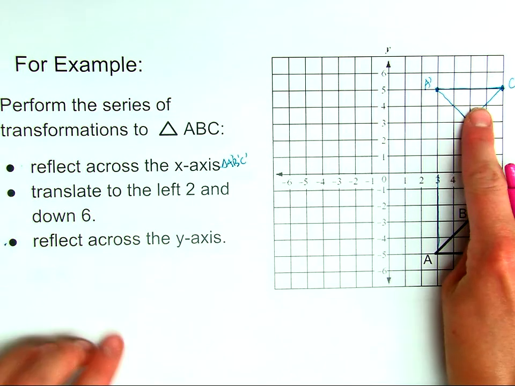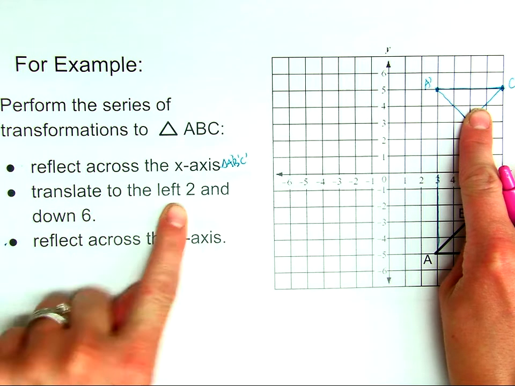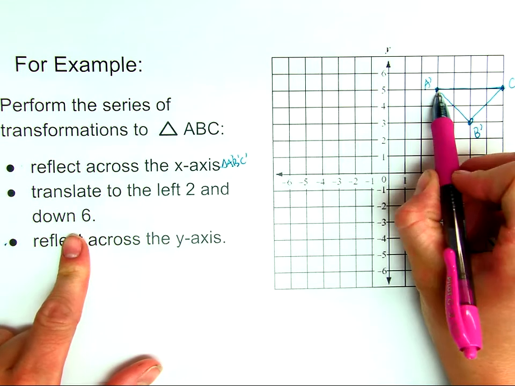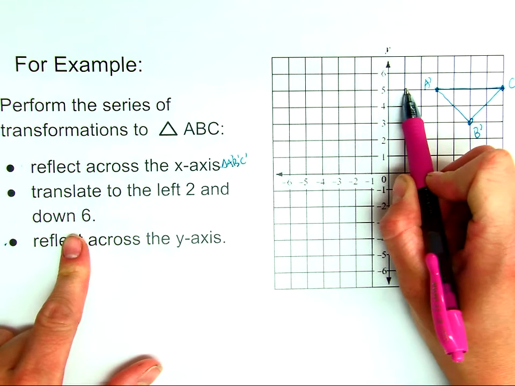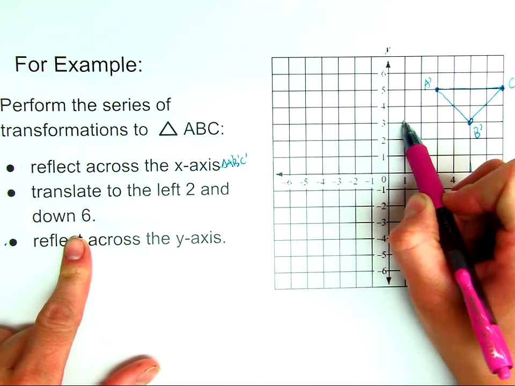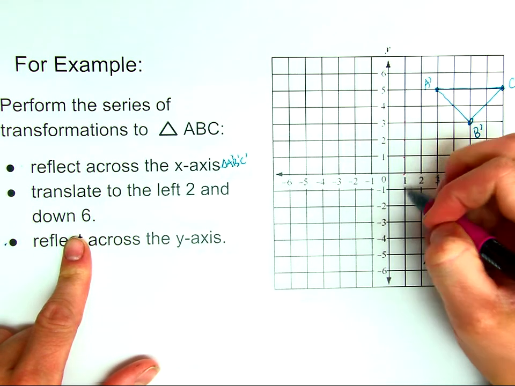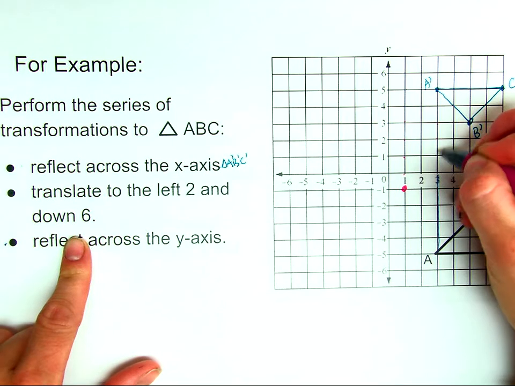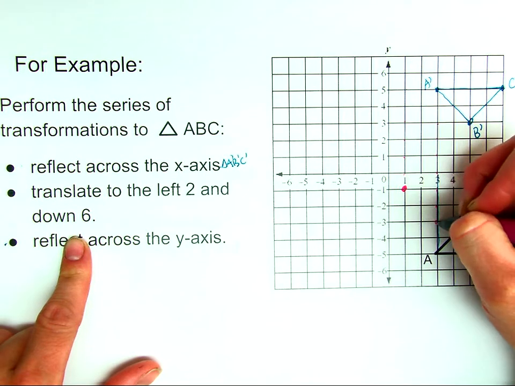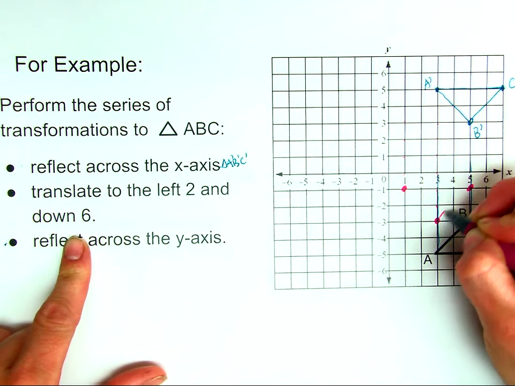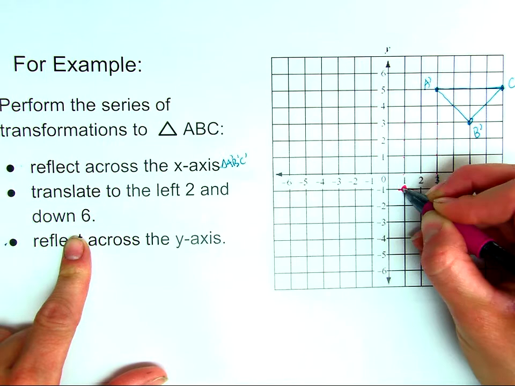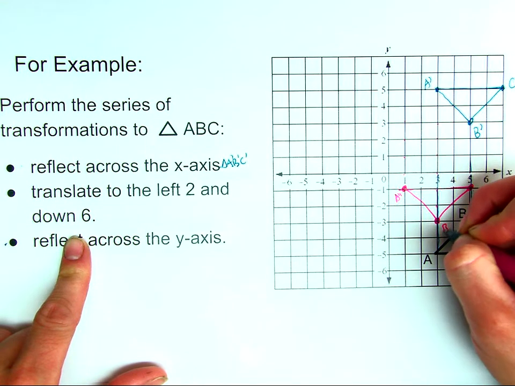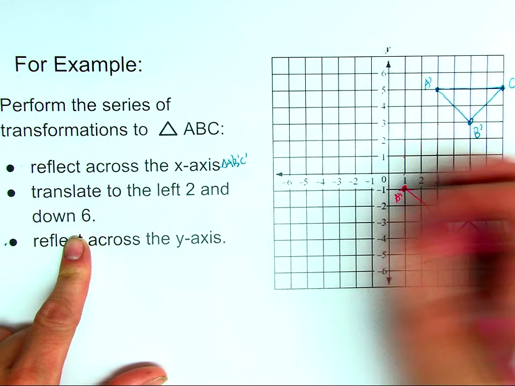So this image is going to be translated to the left 2 and down 6. So to the left 2, 1, 2, down 6, 1, 2, 3, 4, 5, 6, 1, 2, 1, 2, 3, 4, 5, 6. So this is A double prime, B double prime, C double prime.